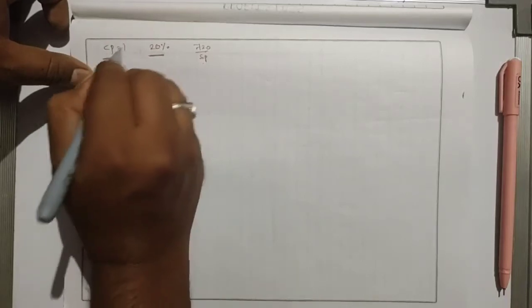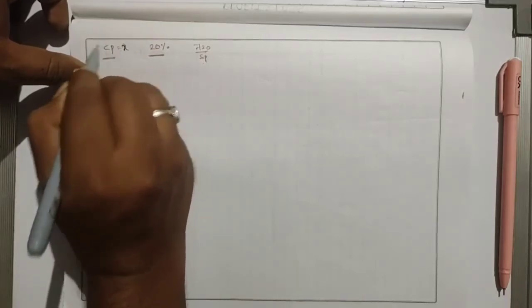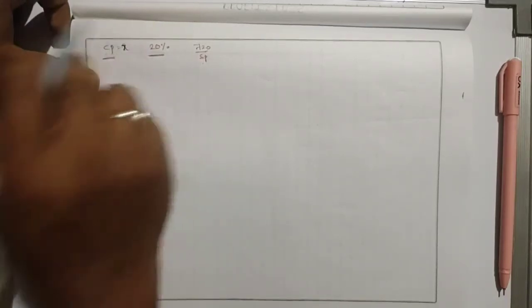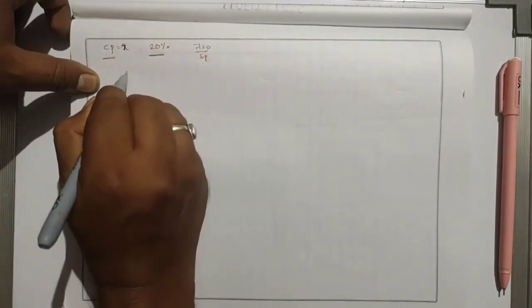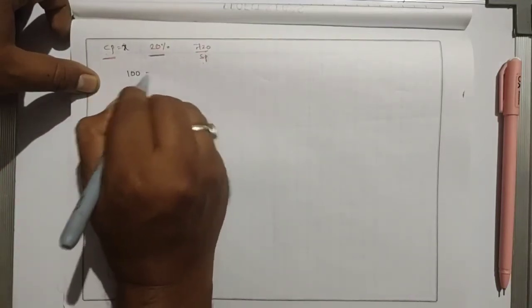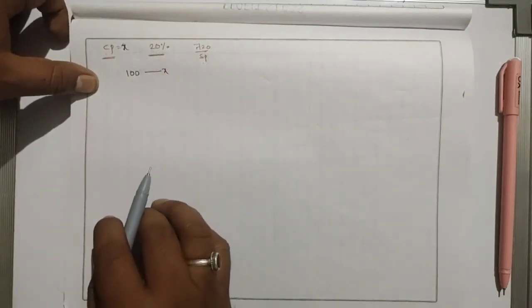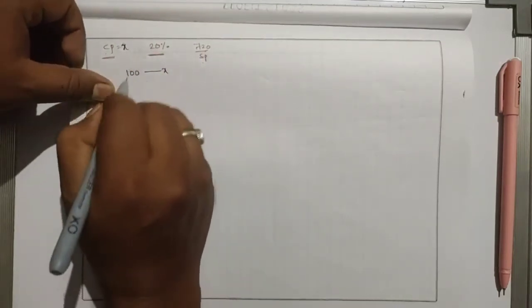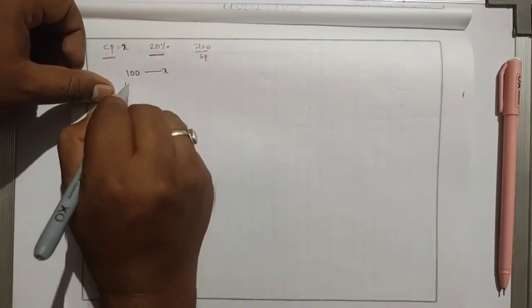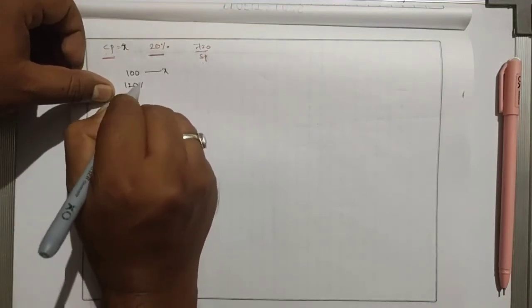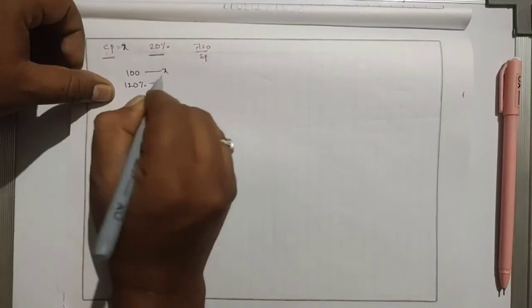Here we don't know what the cost price is equal to, so let us take the cost price as x. So here the 100% is x, and here we got the 20% profit, means 120% becomes the selling price. What is the 120% becoming the selling price?